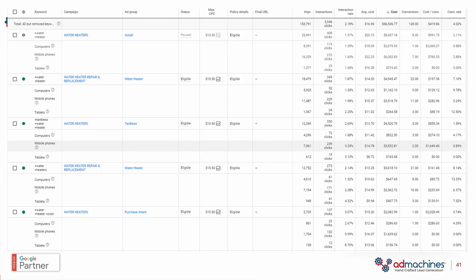229 clicks on mobile compared to 92 clicks on computers. Very close, 2-to-1. And when you know this information, you can apply more of your budget to the device that delivers the best result. So if 70% of your budget, or 70% of the market opportunity, is coming to you by way of a mobile device, then you want to make sure that 70% of your budget is actually being applied to your mobile strategy.